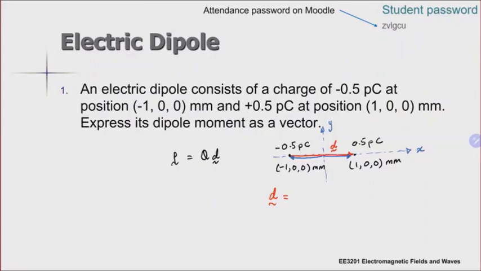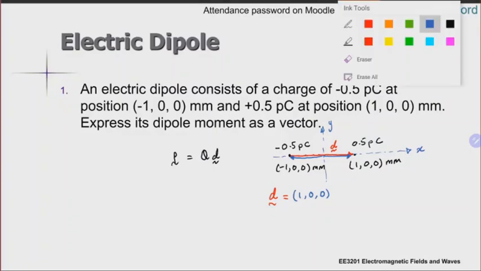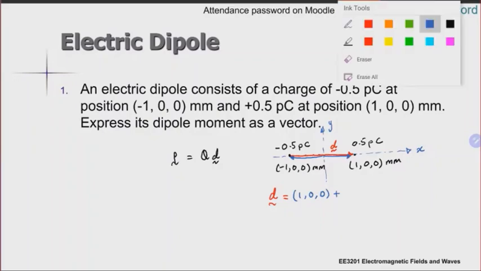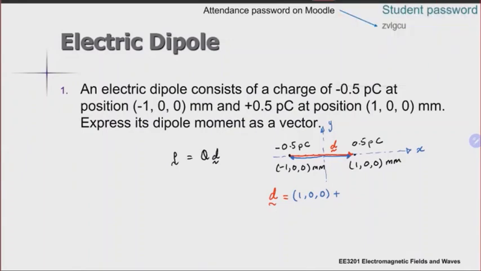So my vector d will be 1, 0, 0 plus the negative of this vector.